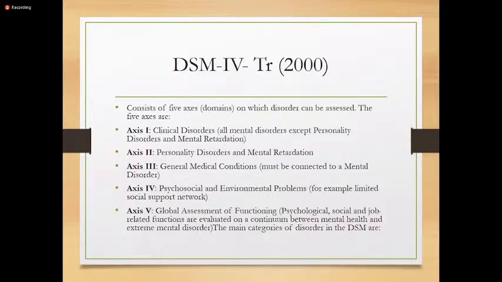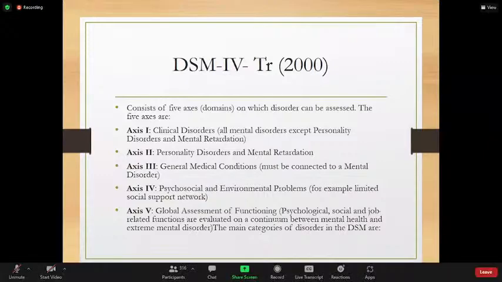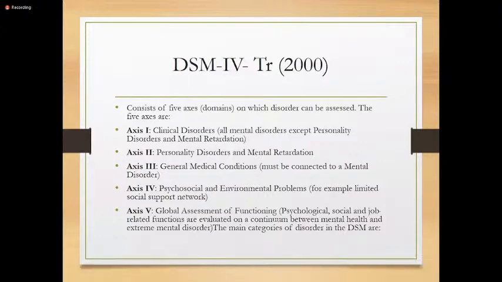Then it had an axis three, which looked at general medical conditions, but only those connected to a mental disorder. For example, if you made an axis one diagnosis of generalized anxiety disorder, and found no personality disorder, then you found that this person had asthma. We do know that asthma is associated with anxiety, so we would put asthma there.